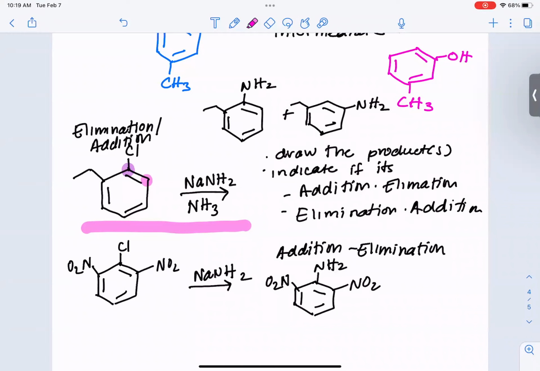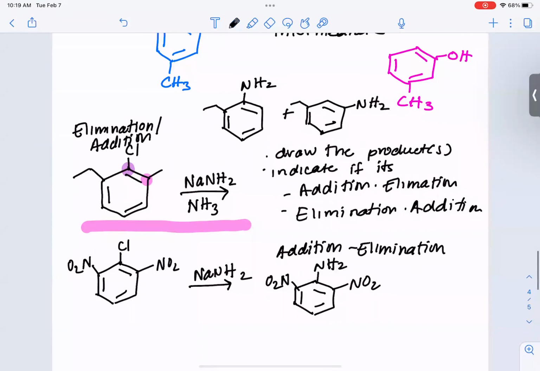How you distinguish them is if you look at that first one, with elimination addition, and I'm going to scroll because I just want to add it to our list. You have to have a hydrogen adjacent to the leaving group. If there is no hydrogen adjacent to the leaving group, as in the case beneath this, it has to be addition elimination.